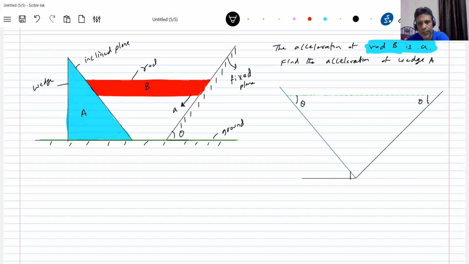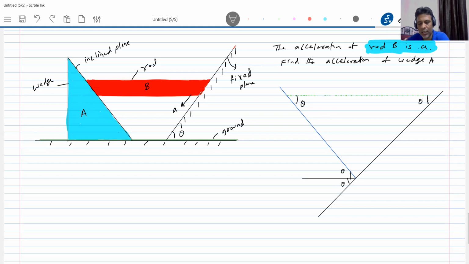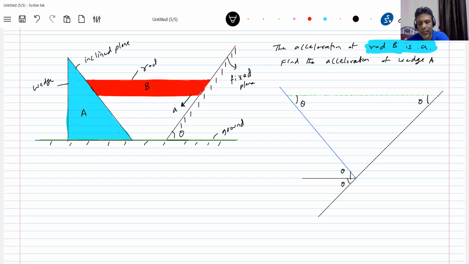And this should be theta, because I'll extend this line. What is alpha here? This angle we don't know, let it be some alpha.